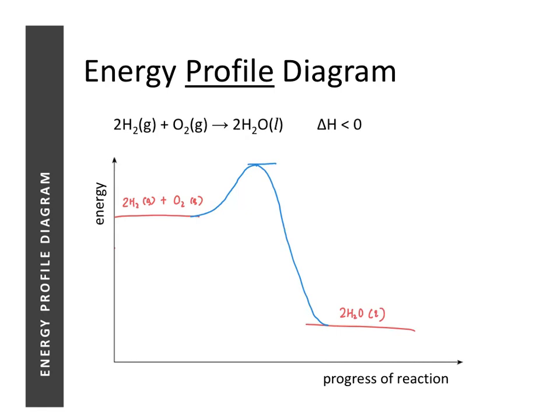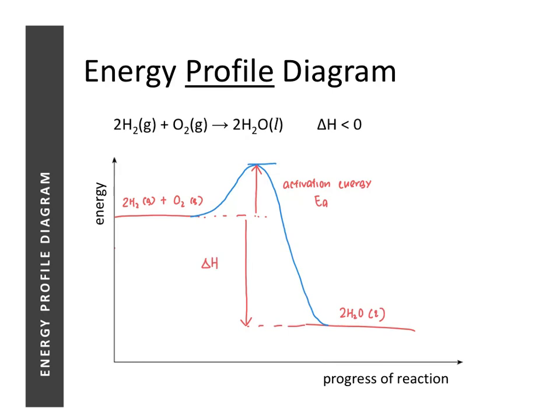A few things to take note of in an energy profile diagram. Once again, the energy difference between your reactants and products is known as delta H, or your enthalpy change. This is something new. The energy difference between your reactants and the highest energy level is known as your activation energy, and it's given the symbol EA. What does activation energy represent?